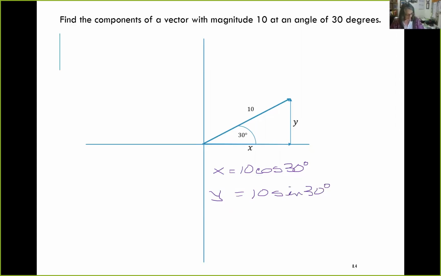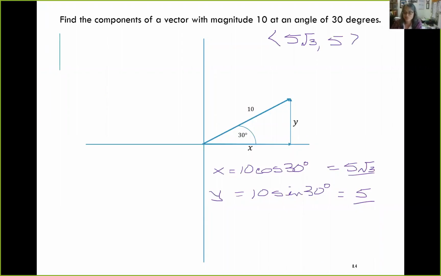The sine of 30 degrees is 1/2. So y is 10 times 1/2, which is 5. The cosine of 30 degrees is root 3 over 2. This is 5 square root 3. So this vector could also be described in terms of components. We use this kind of a bracket, and it's the x displacement, y displacement.